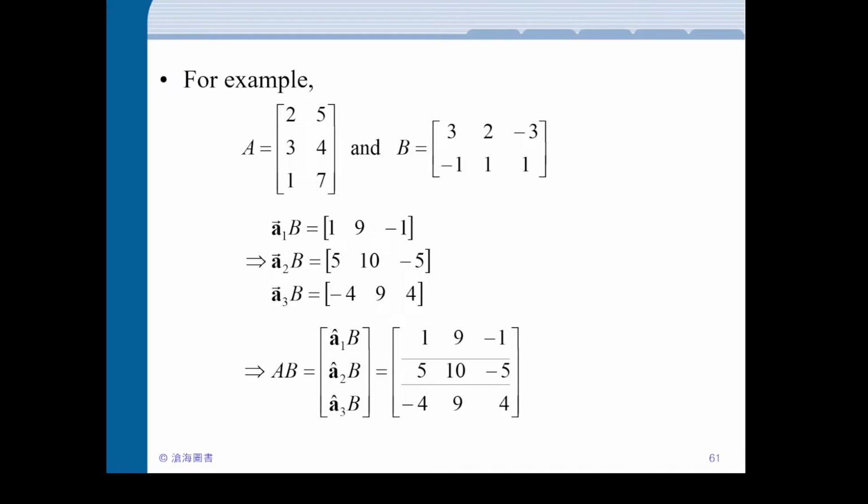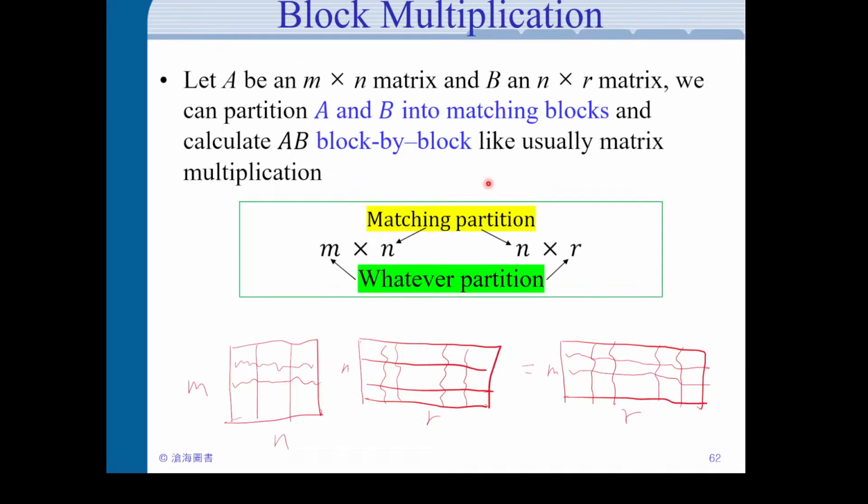Okay, and I think this section can really be represented by this slide, and we have a schematic here that hopefully you understand. So A is an m by n matrix, and B is an n by r matrix, and we need to partition the n part.